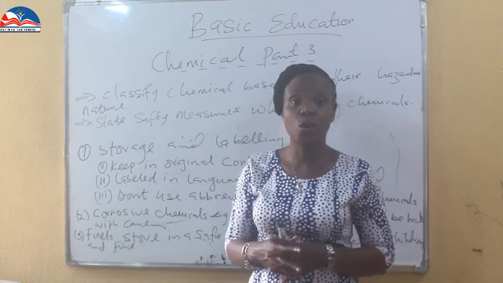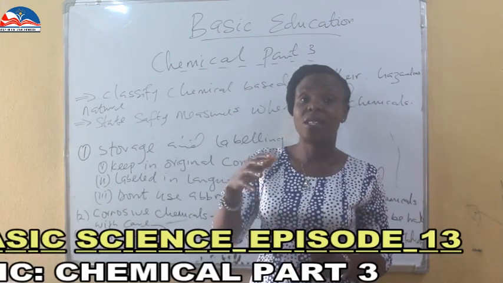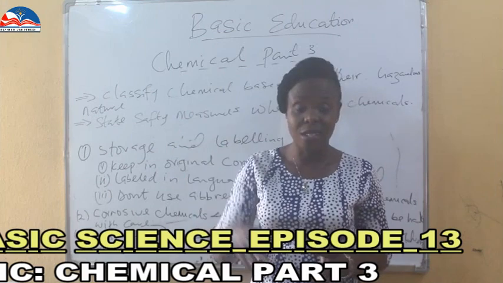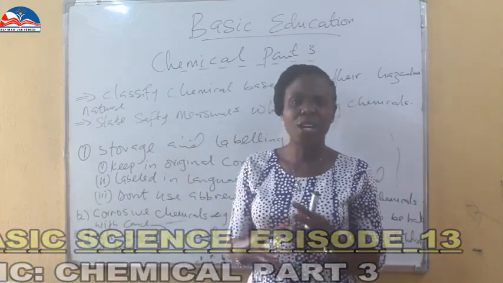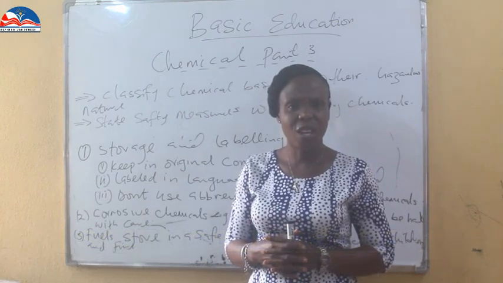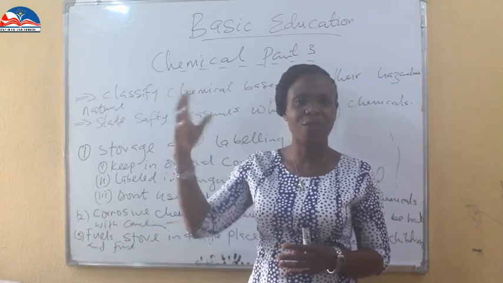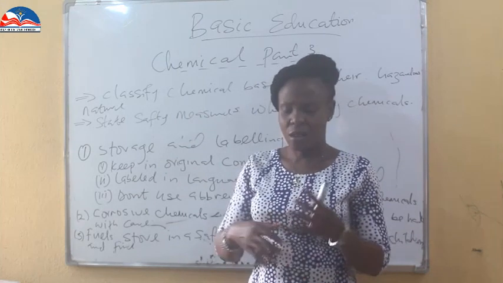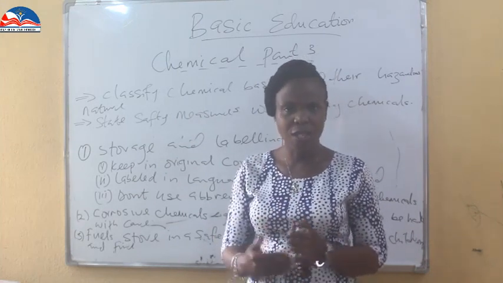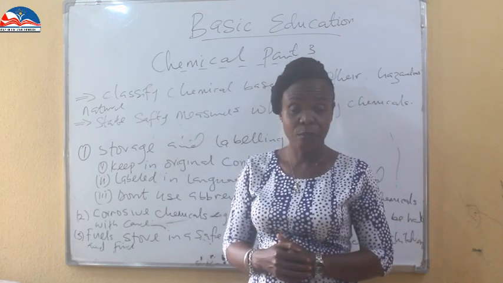This is caustic soda. This is acid. This is chlorine. Make sure you label them in such a way. You can label some highly inflammable, corrosive. That will help people to know that there is a warning sign.